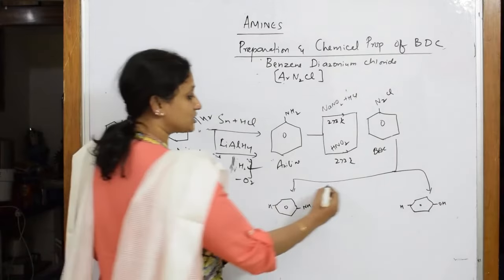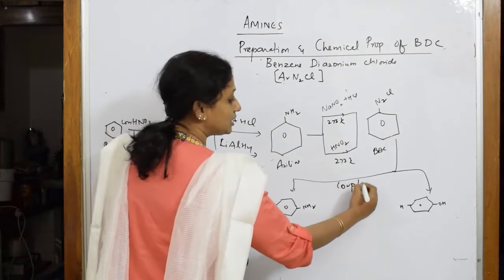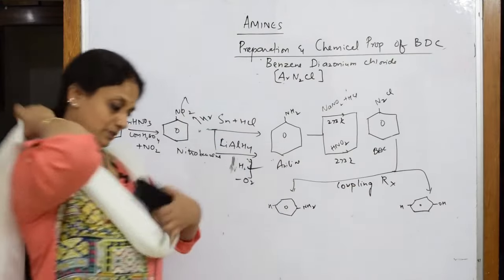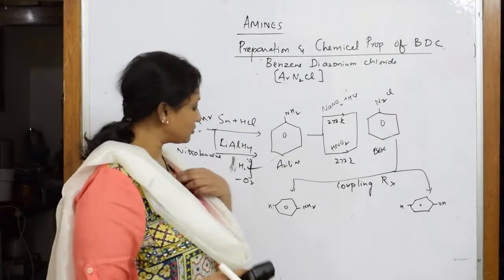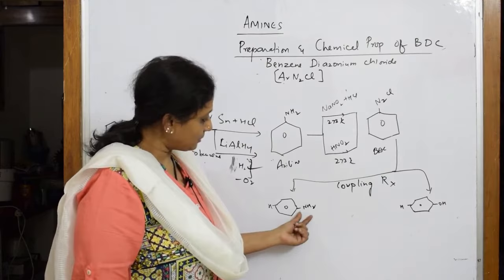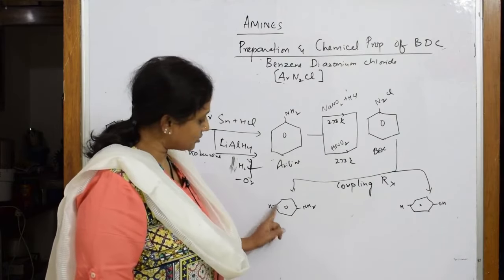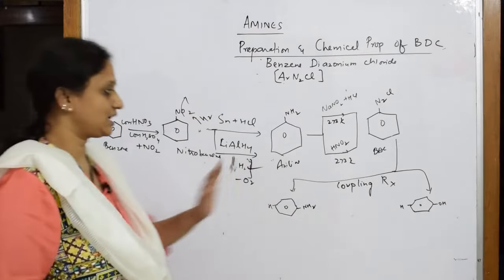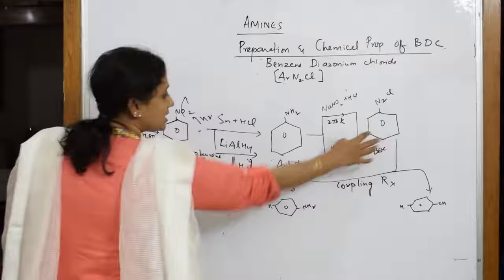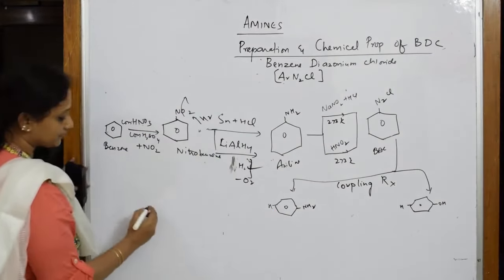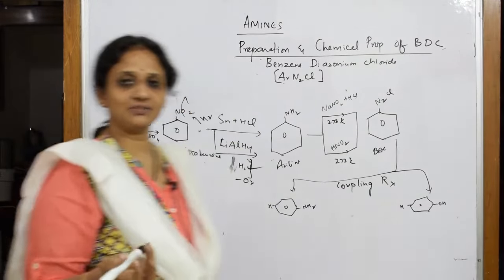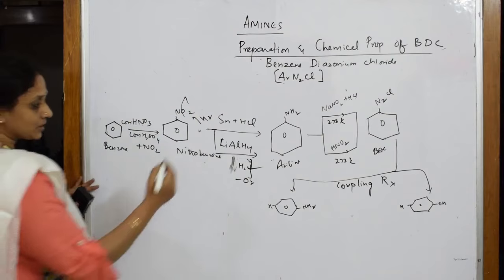So what am I going to teach now? I am going to teach you coupling reactions. Just see what the important requirement is. In a coupling reaction, the amino group is in the para position and the hydrogen on this side. Here also OH is on the para position, hydrogen on this side. Take this BDC and couple with this. When we couple, we get dyes, different colored dyes, yellow and orange color dye. Let's see.